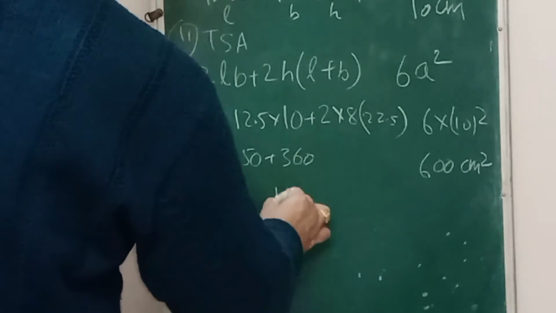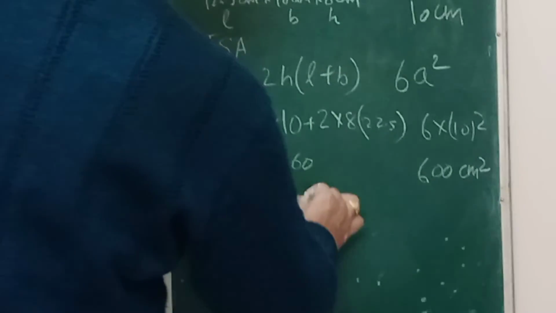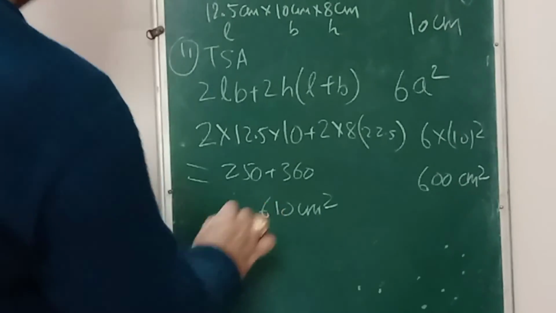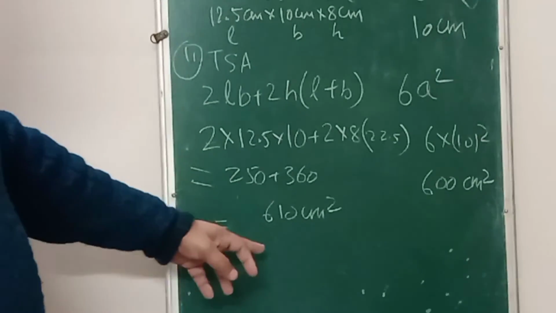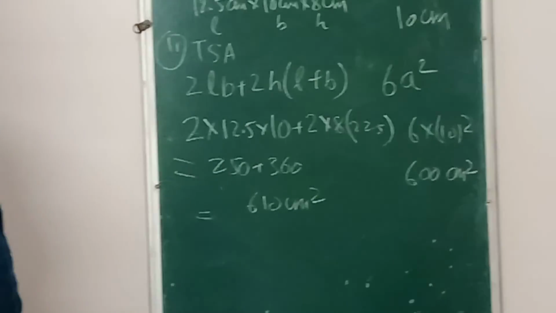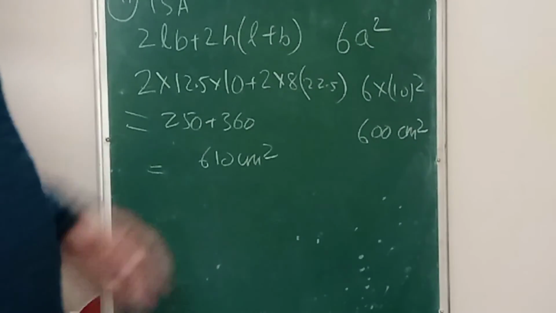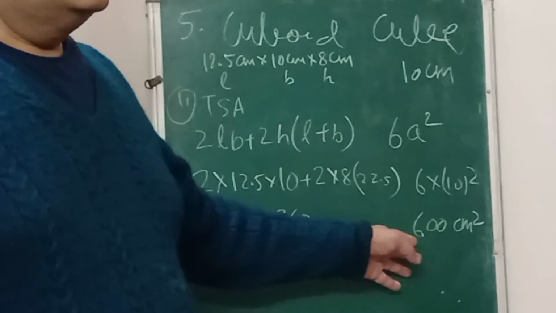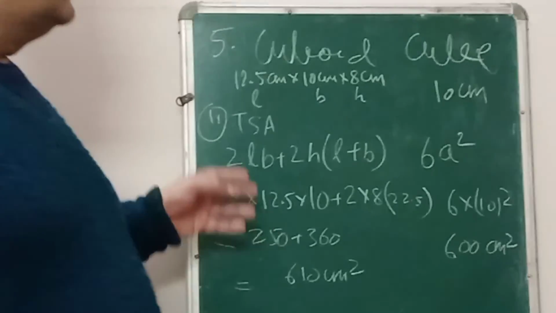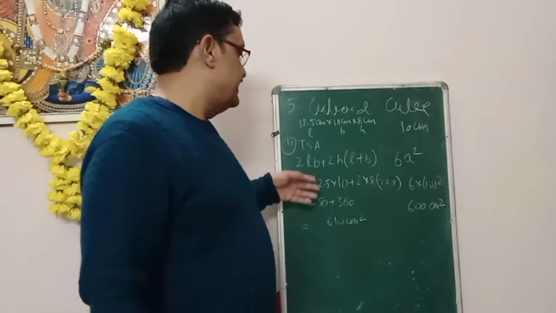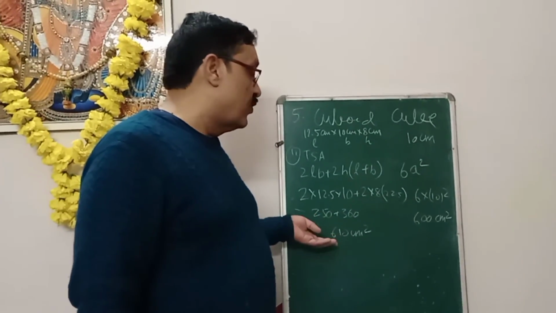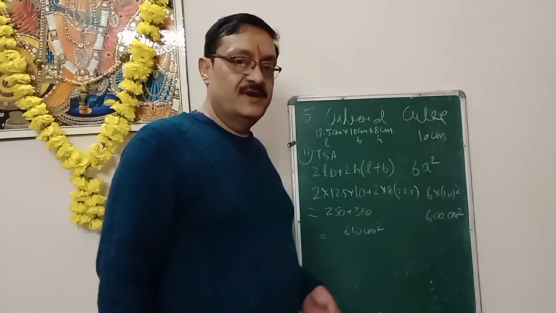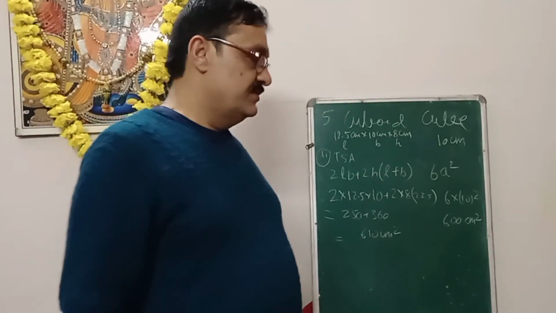So we get the TSA of cuboid as 610 centimeters square and the TSA of cube as 600 centimeters square. So in case of total surface area, we find that the total surface area of cuboid is more than cube by 10 centimeters square. This is the fifth question.